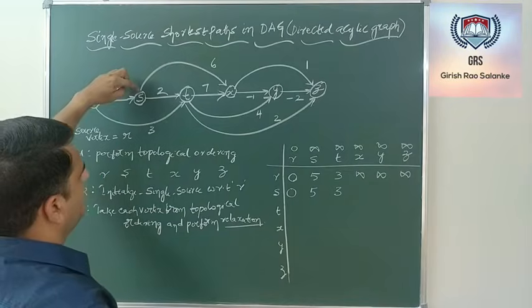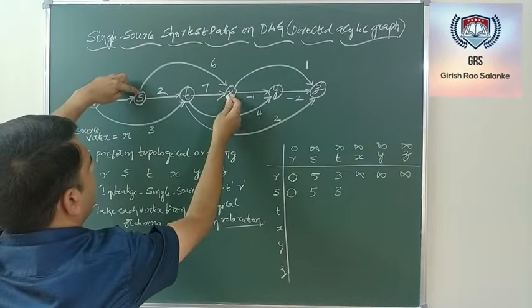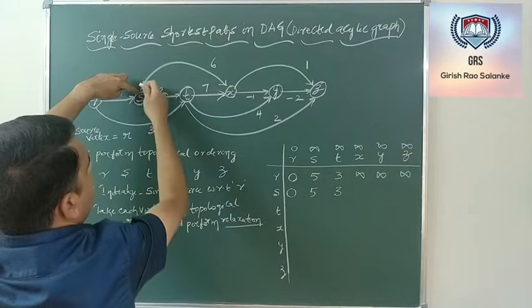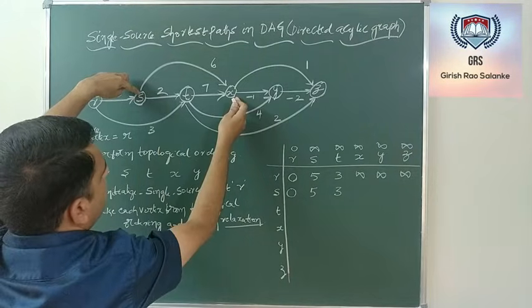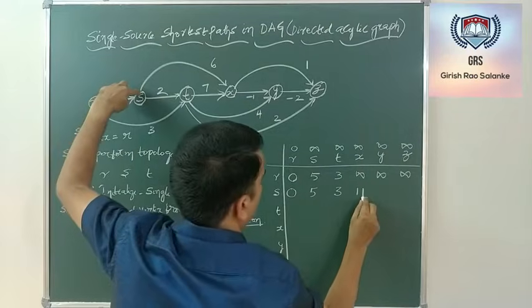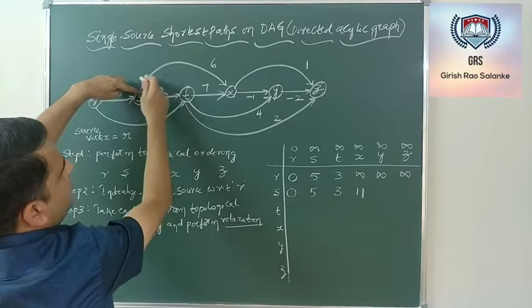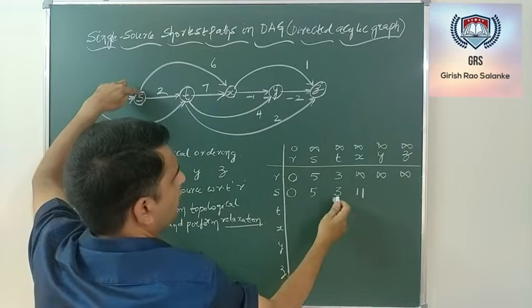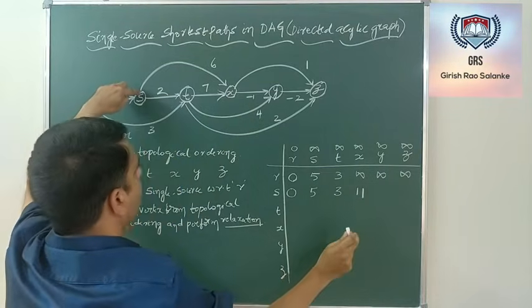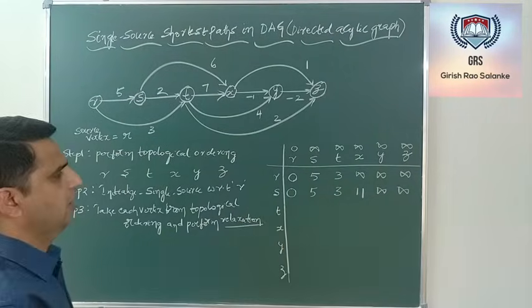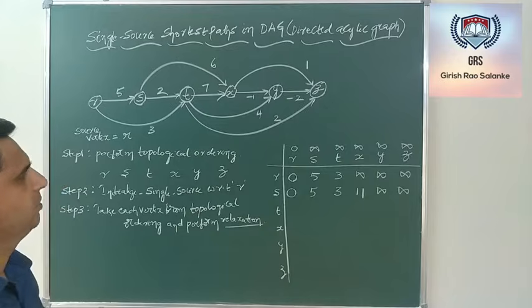Now from S, there is an edge to X. So till S, it is 5. 5 plus 6 is 11. So this becomes 11. There is an edge from S to T and there is an edge from S to X. Only two values get updated, T and X. All other values will remain as they are. So this remains infinite.